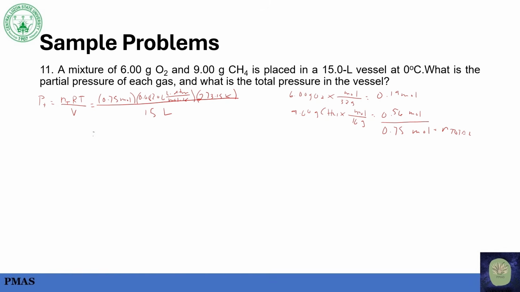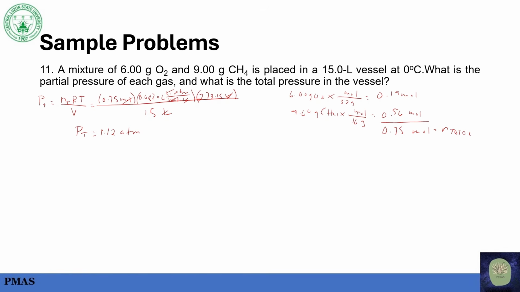Okay? So cancel the moles, the Kelvin, and the liters. We will be left with atmosphere, which is now the unit of our total pressure. So you can do this in your calculator. This is 1.12 atmosphere.